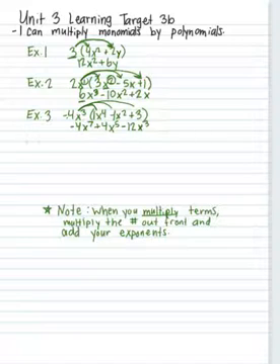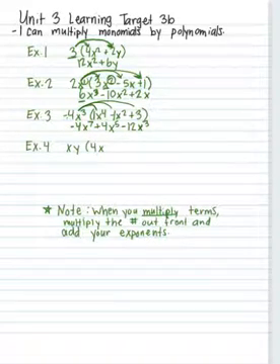Alright, last example. xy on the outside, and then we've got 4x plus 2y minus 3xy plus 5x squared y. Looks like a lot. It's really not anything different, so don't freak out. If we multiply the xy times the 4x, multiply your outside numbers, well, I guess you could say there's a 1 here, so 4 times 1 is 4.